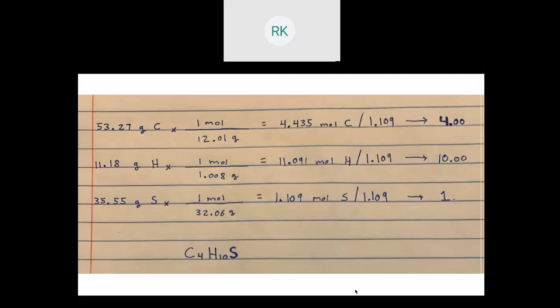What do we do when we don't get easy numbers? Good question. I will hold off on your question until the next example, because I chose the next example because you won't. One thing I will say is you will not get numbers that are too funky, okay? Right here, before you divide by 1.109 moles, those numbers can sometimes look funky.